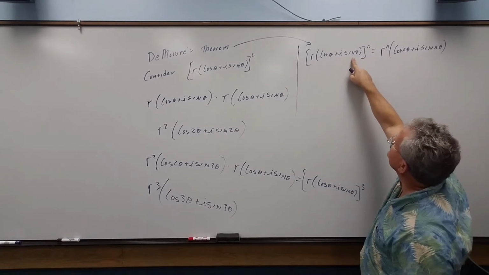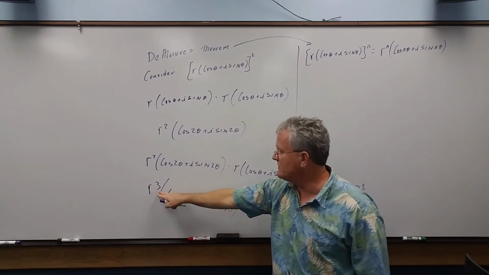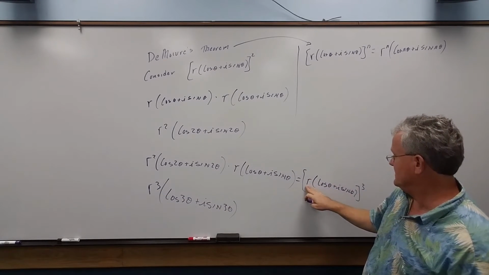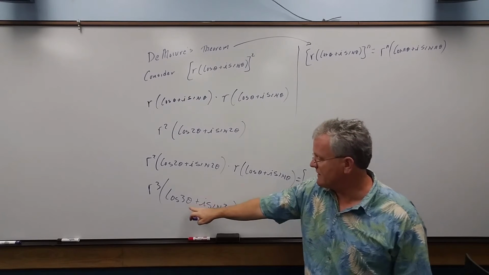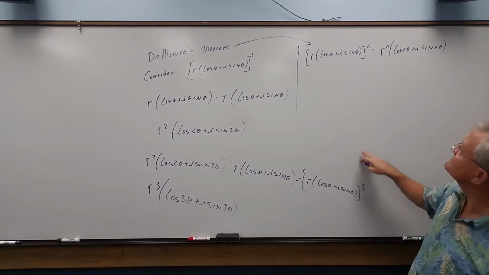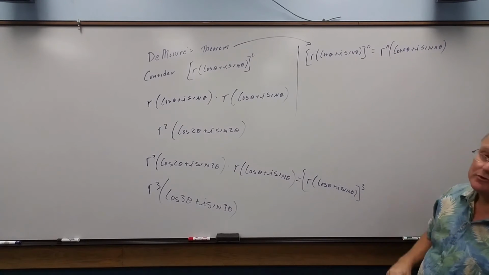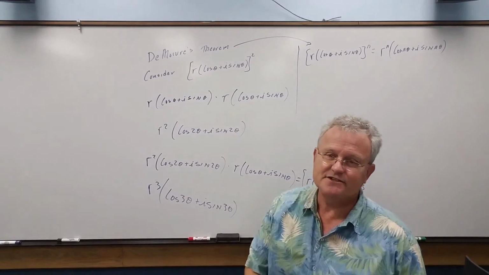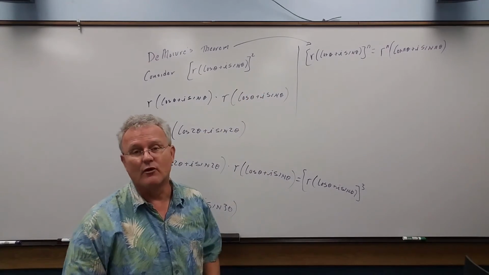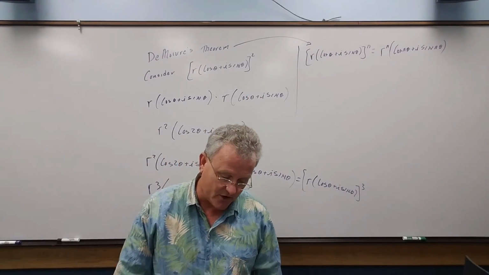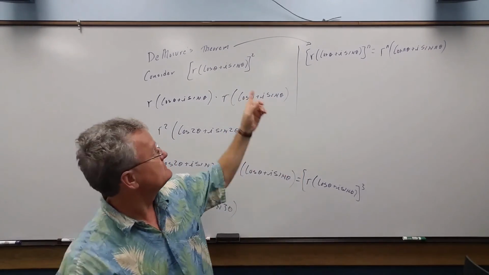When you take a trig form complex number to the n, we just end up with r to the n, r to the 3 in this case, and then our argument theta is multiplied by the exponent, and that's where the n theta comes from, in the cosine and sine terms. That's a little illustration of where that formula comes from. So in the next video, we'll actually do an example of using DeMoivre's theorem.